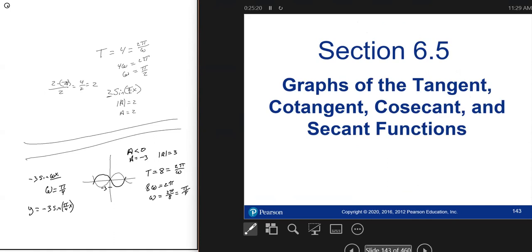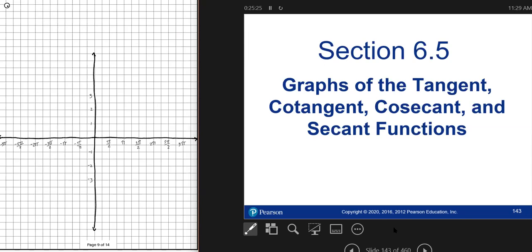Now, here's section 6.5. Let me see. So it looks like we're going to be able to get through chapter 6 for the first exam, like I anticipated. If we're not able to finish section 6.6, that won't be on the test.